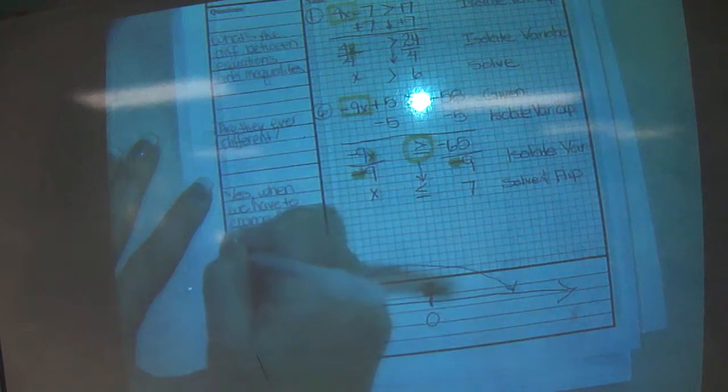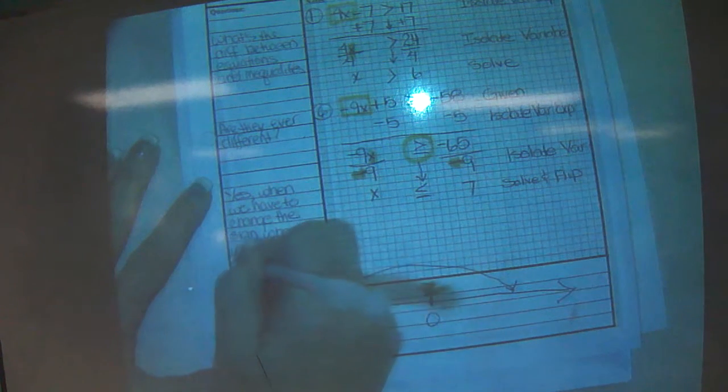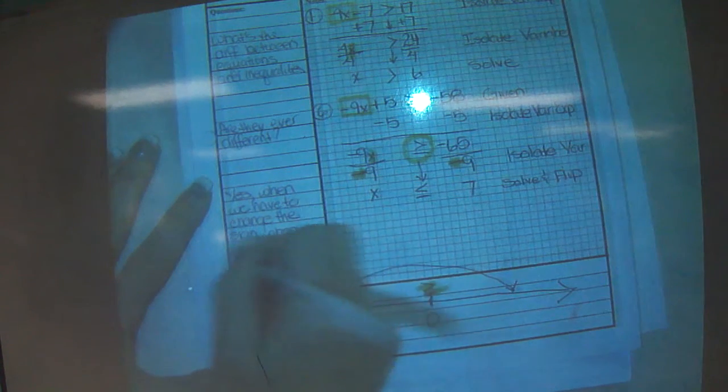When we have to change the sign, when we multiply or divide, not when we add or subtract, by a negative number.